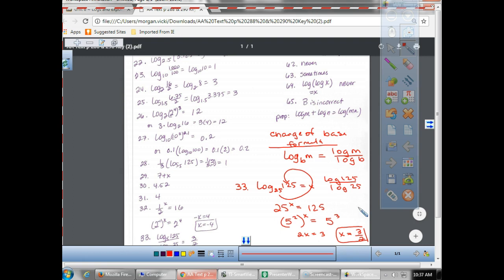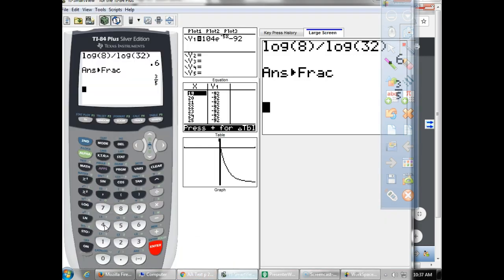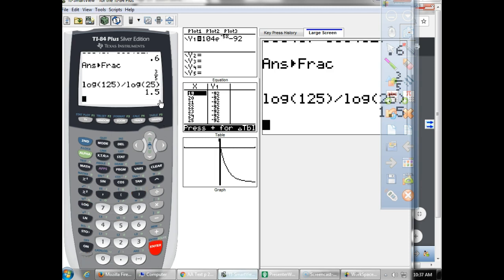Now, if you have the calculator, just plug it in the calculator. So what would that look like? That would just be log of 125. Be sure to close your parentheses and then divide by log of 25. And you're going to see it's going to be 3/2. So go ahead and pull out your calculator. Make sure you can replicate that on the calculator.